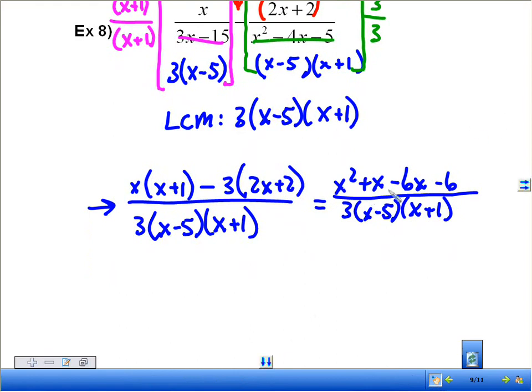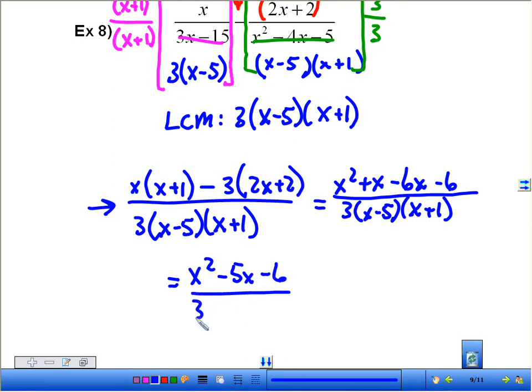And now I'm going to combine my like terms here, so I have x squared minus 5x minus 6, and my denominator.